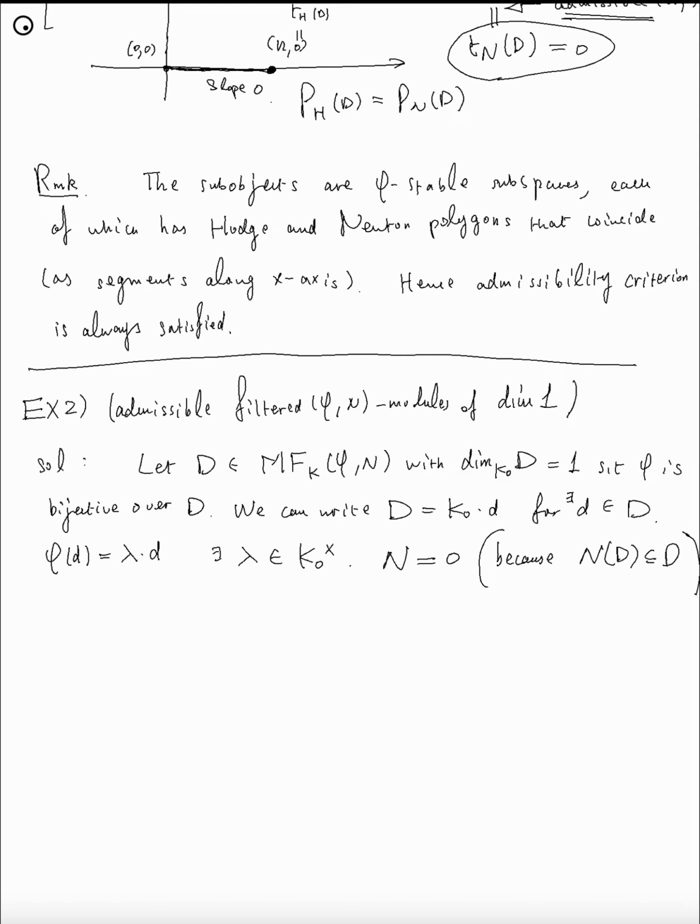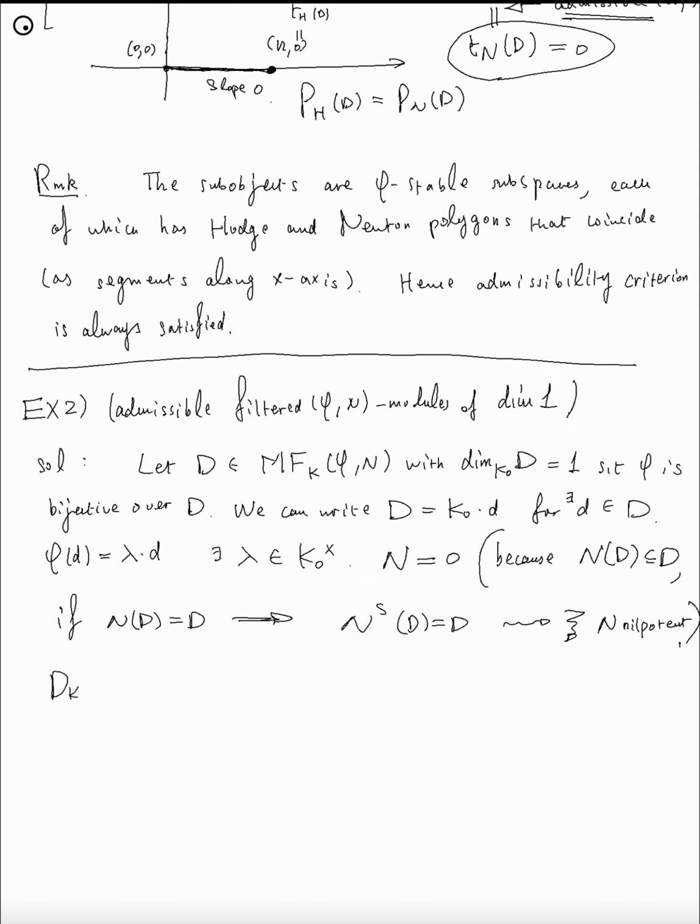So it forces n to be 0, because otherwise it will never be nilpotent. If nd equals D, then to whatever power, n^s d equals D, and this will contradict nilpotency, right? Good.